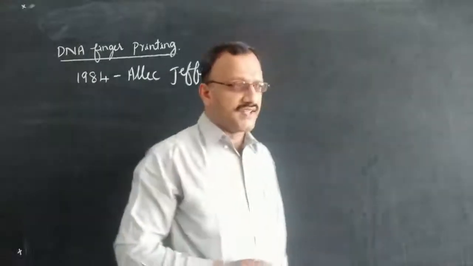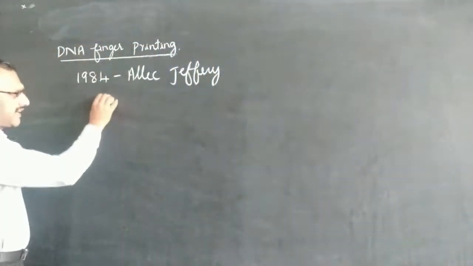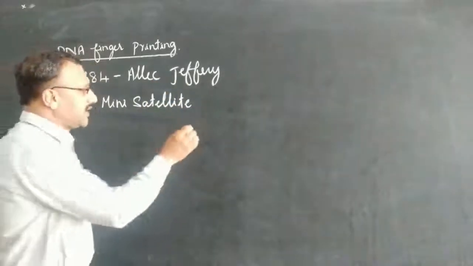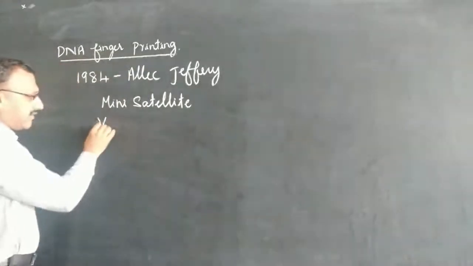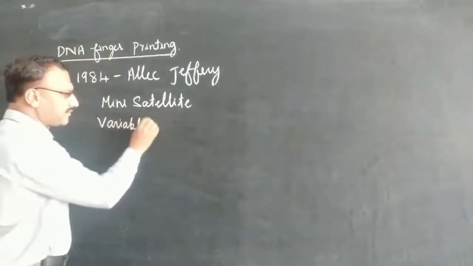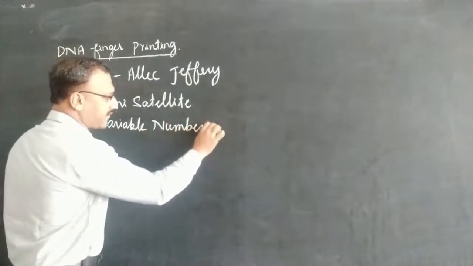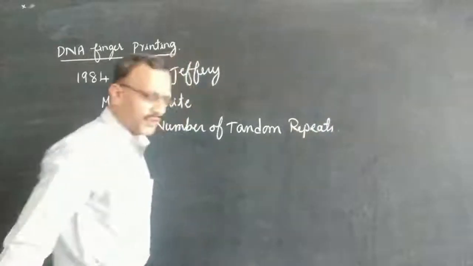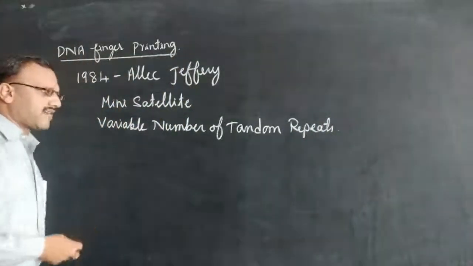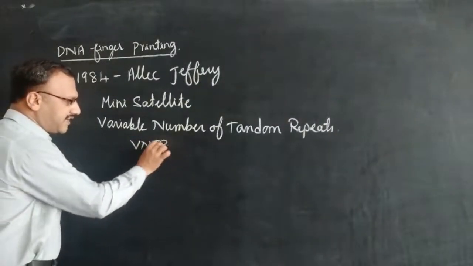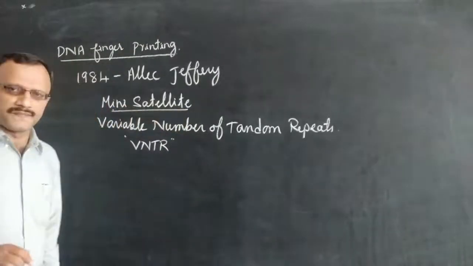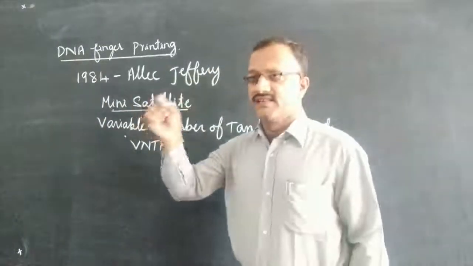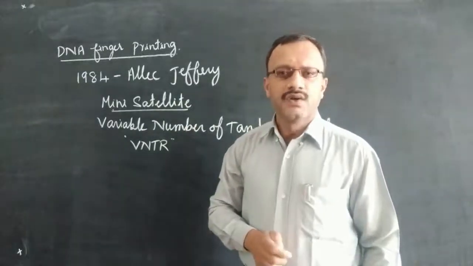Jeffrey used mini satellites, or the DNA probe in the form of variable number of tandem repeats, commonly called VNTRs, for identifying the unique pattern of nucleotide sequence present in a human DNA.